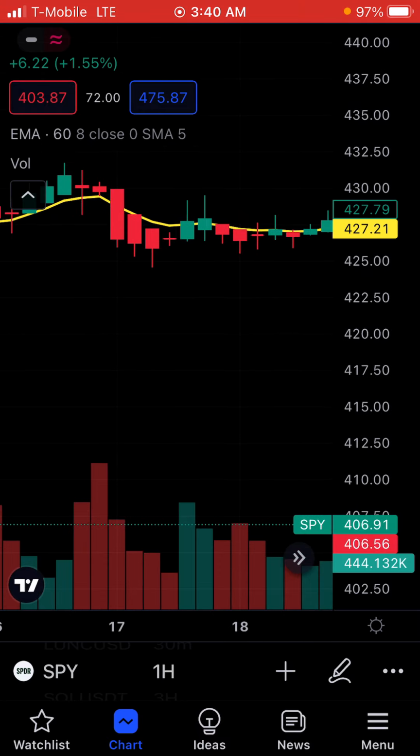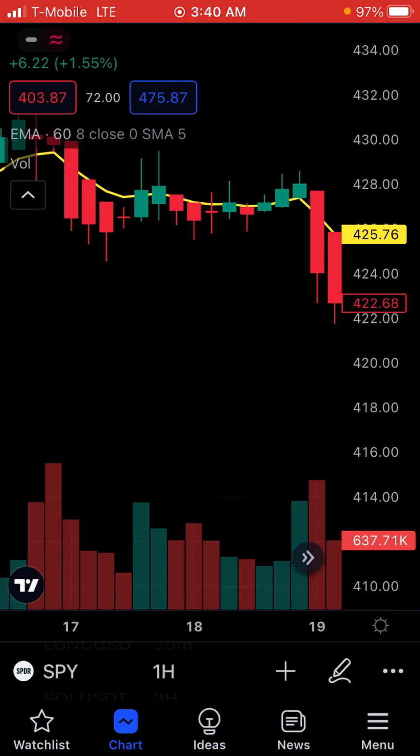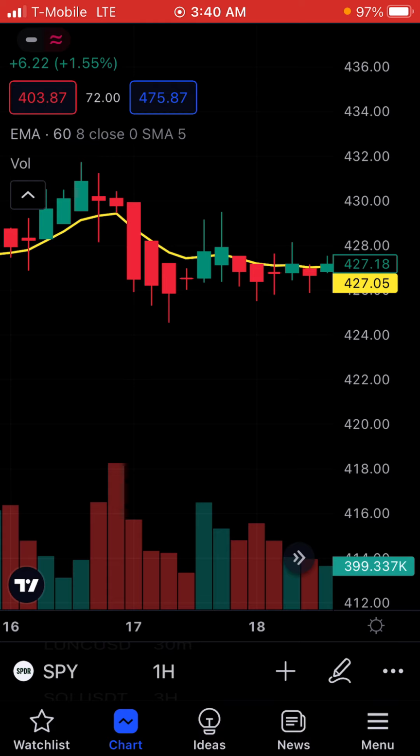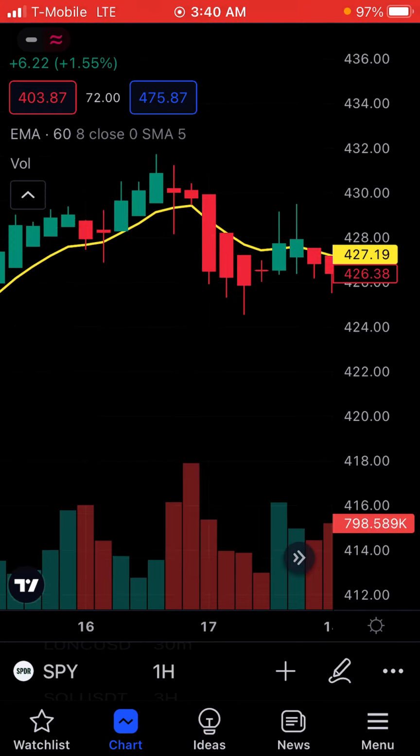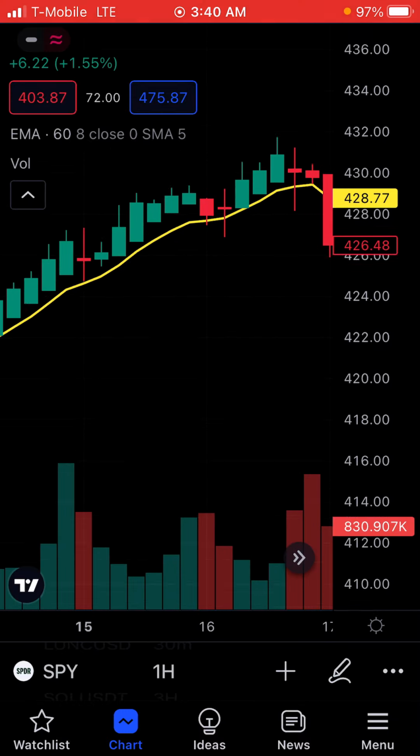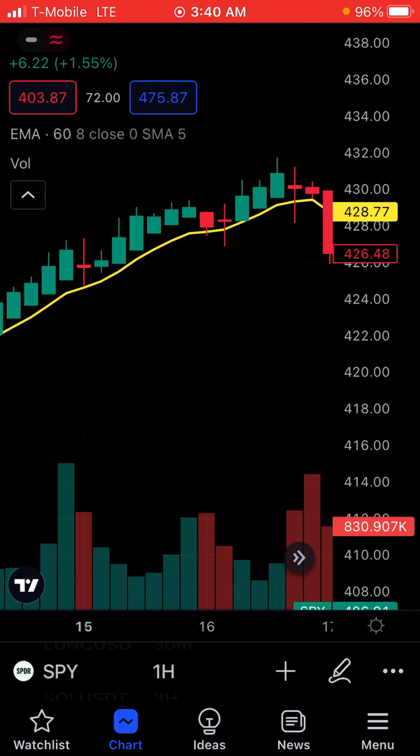So in this situation, you also want to do the first thing. What I've covered first in my videos was look for the red candle to push through the 8 EMA or the green candle. So it probably doesn't work all the time, but it works majority of the time.